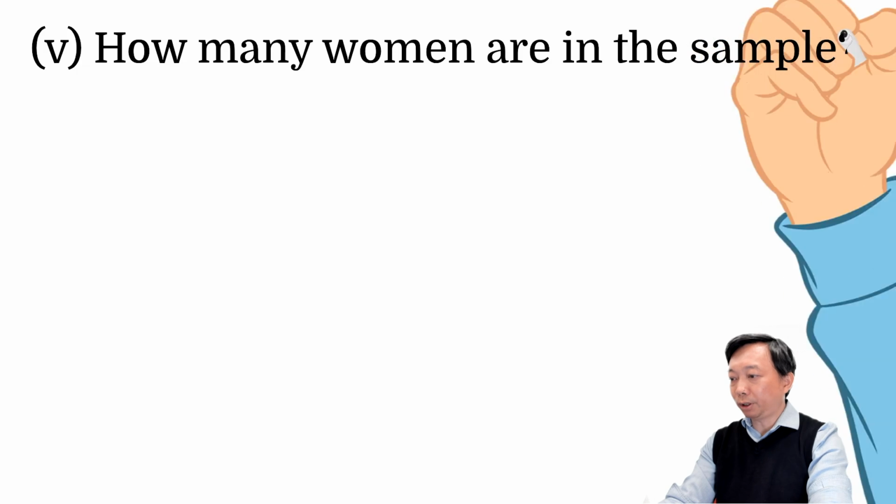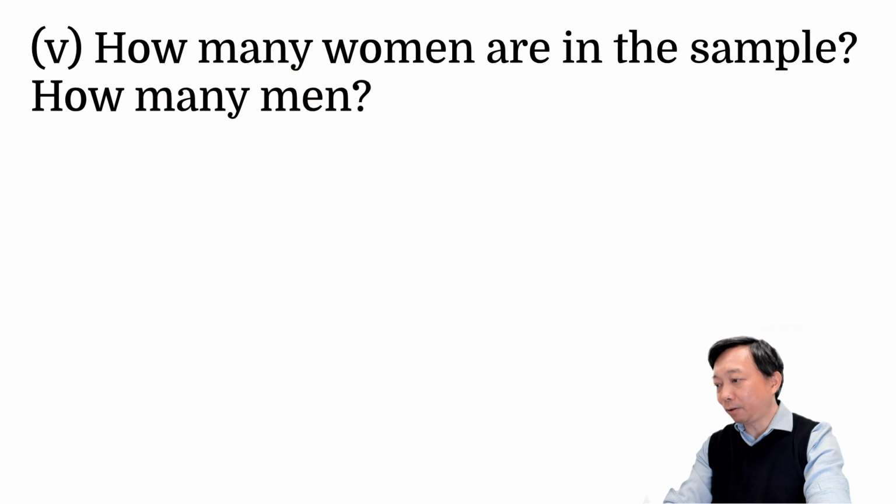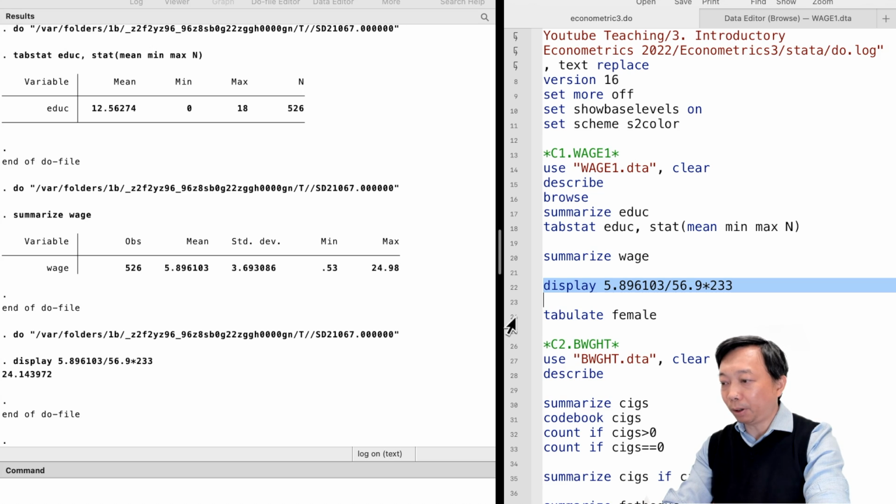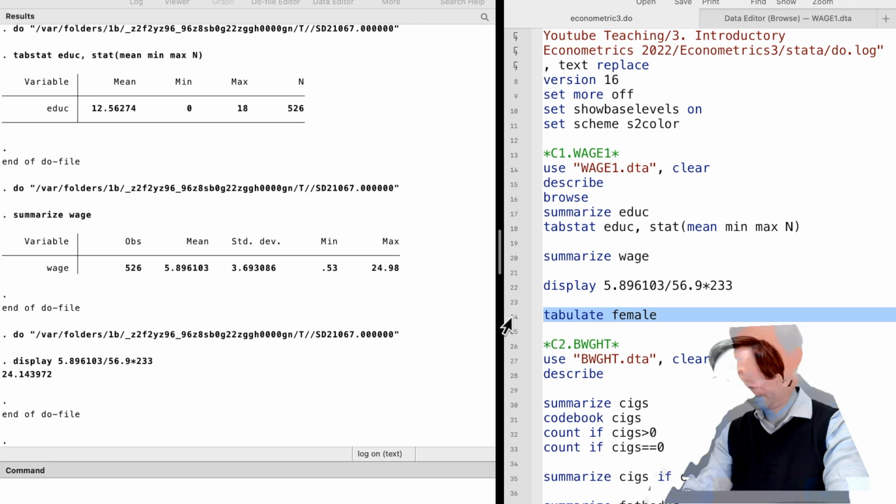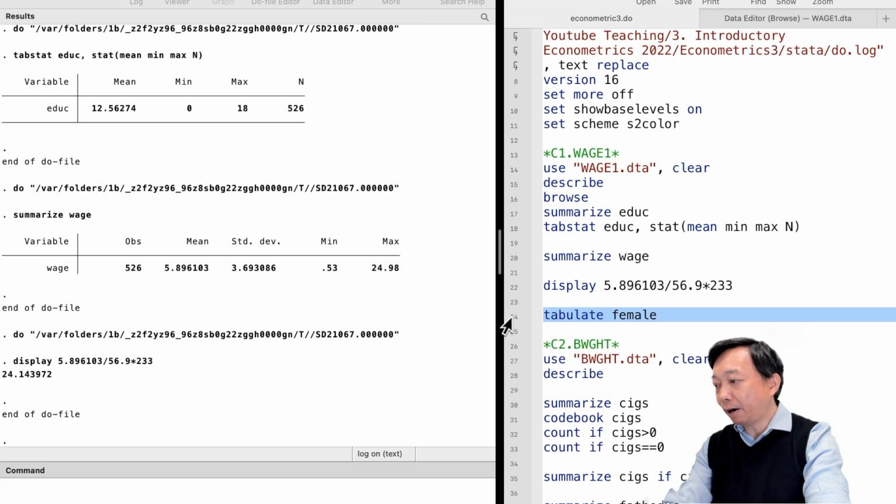The fifth question asks how many women are in the sample, how many men. We found a variable named female. It is a dummy variable with two values, 0 and 1. It is equal to 1 if the person is female and 0 male.